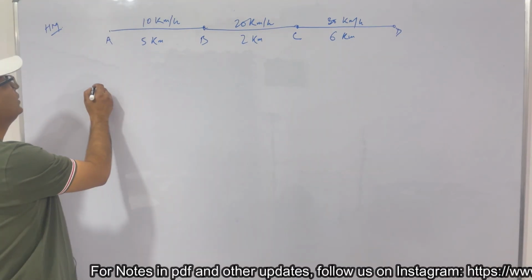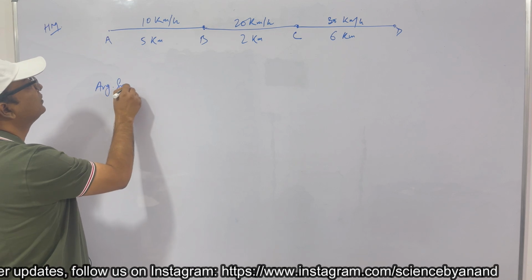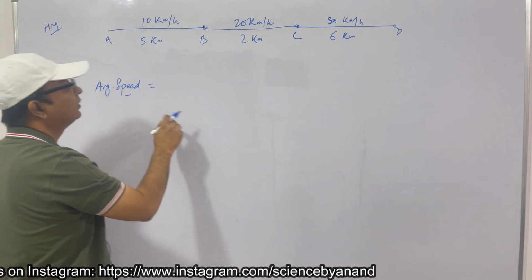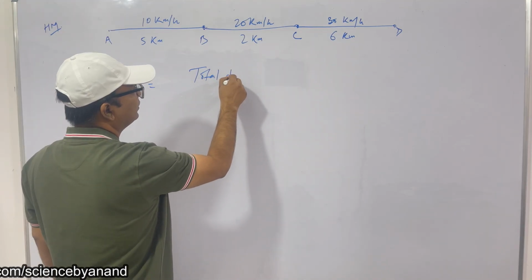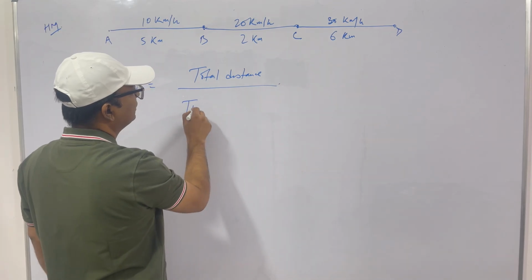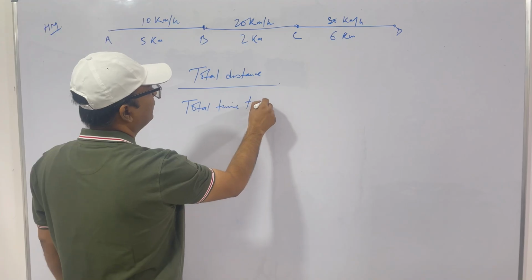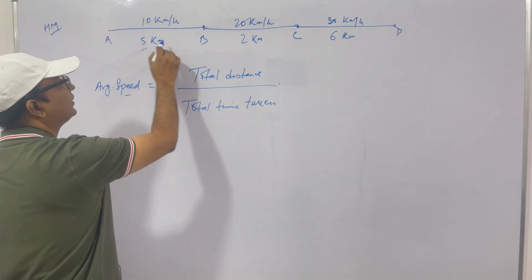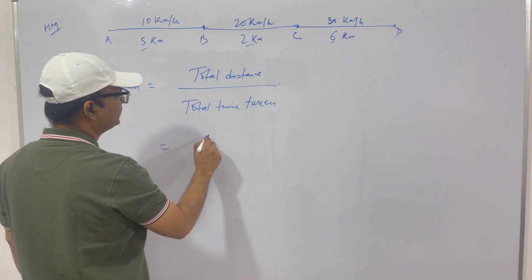How? What we do? Average speed is total distance by total time taken. Very simple. What is the total distance? 5 plus 2 plus 6, 7 plus 6, 13 kilometers.